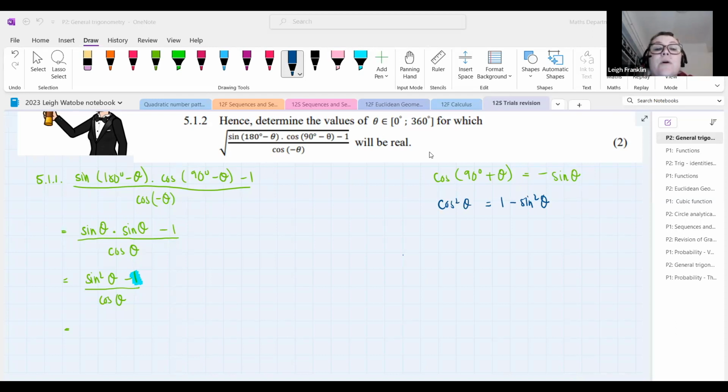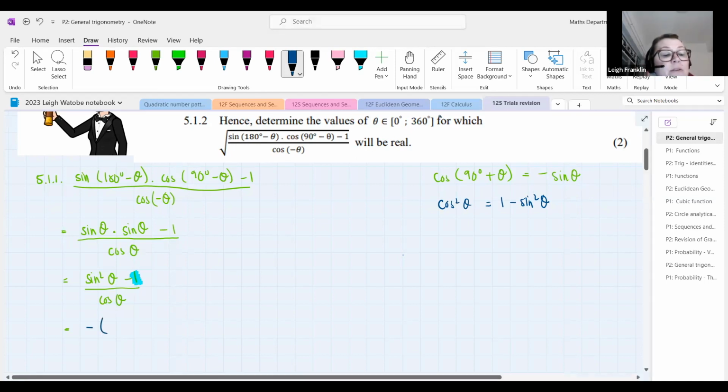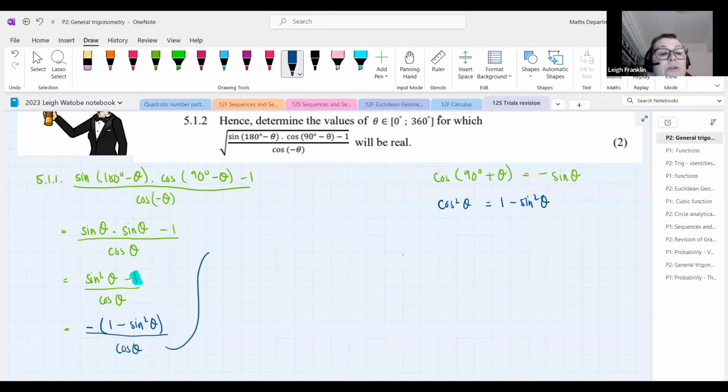That's okay, Swanaka. So you guys are saying take out the negative. Cool, that's one way we can do it. So let's take out the negative. That gives us 1 minus sine squared theta over cos theta. I'm going to continue to write up over here.